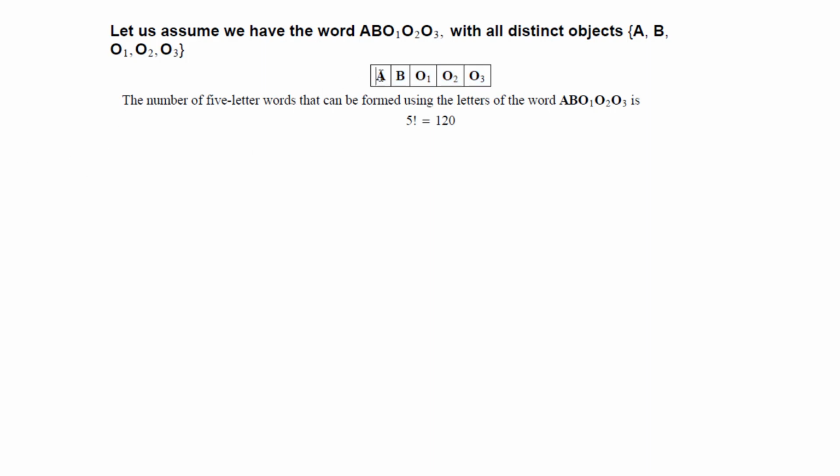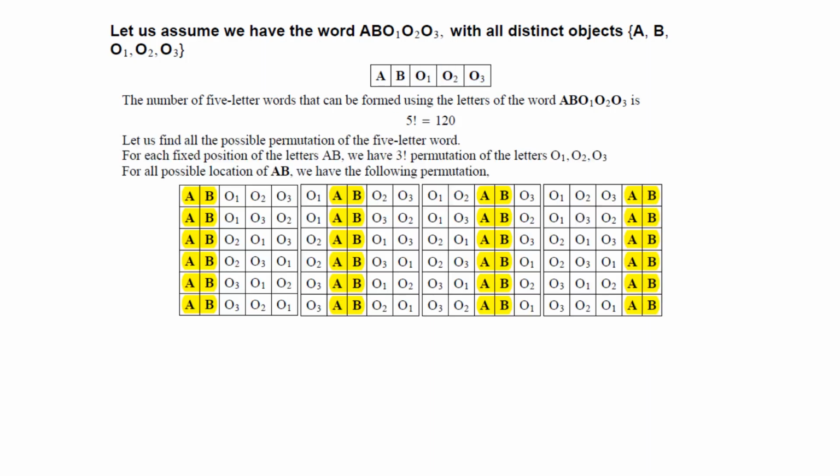Now we are going to fix A, B and permute these 3 letters in the underneath tables. So here we fix A, B in the first and second column, and then we shift them again and again and again. But in each table, O1, O2 and O3 can be permuted in 6 different ways, which is 3 factorial.